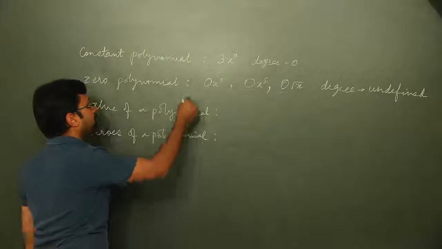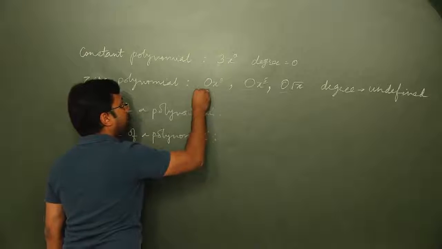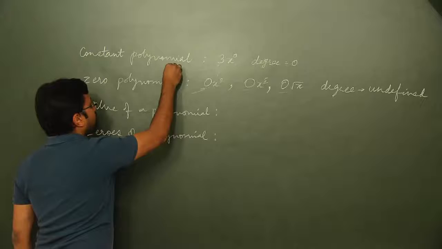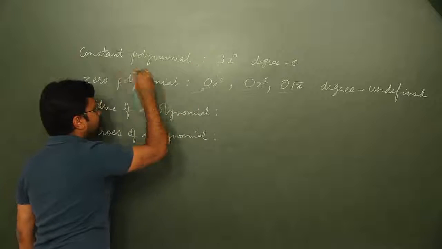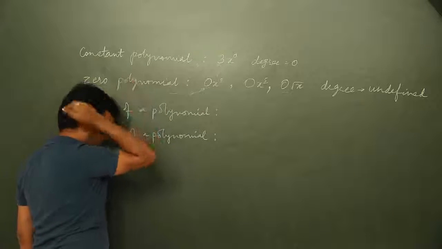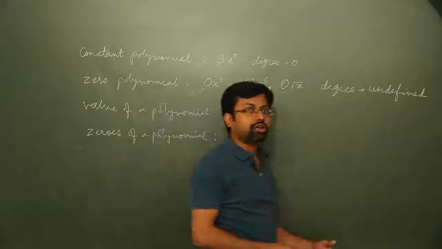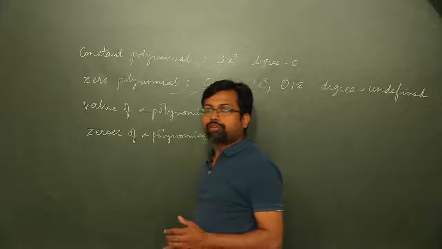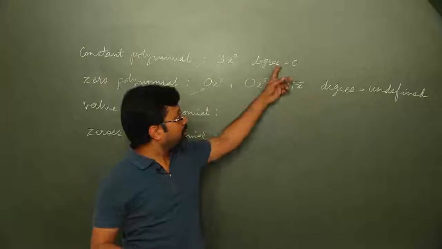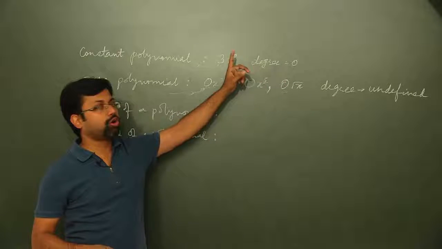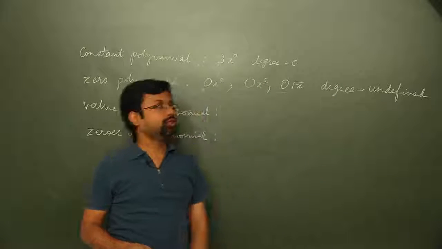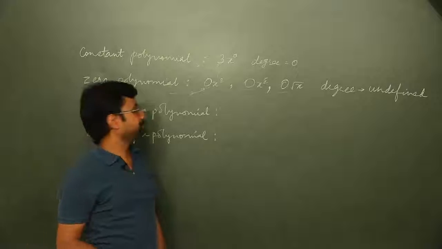So the difference between any other constant number and 0 is that although both of them are polynomials, any other constant number would be called a constant polynomial. Although 0 is a constant number, it is still not called a constant polynomial but a 0 polynomial, because the difference lies in the degree of the two. A constant polynomial's degree would always be 0, but the degree of a 0 polynomial is going to be undefined.